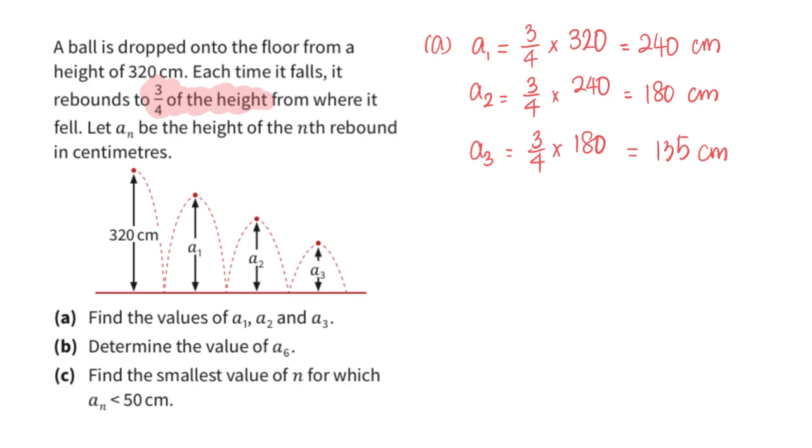And determine the values of A4 to A6. So we will have to repeat this another 3 more times. And so we would then have A4 is 3/4 of 135, 101.25.